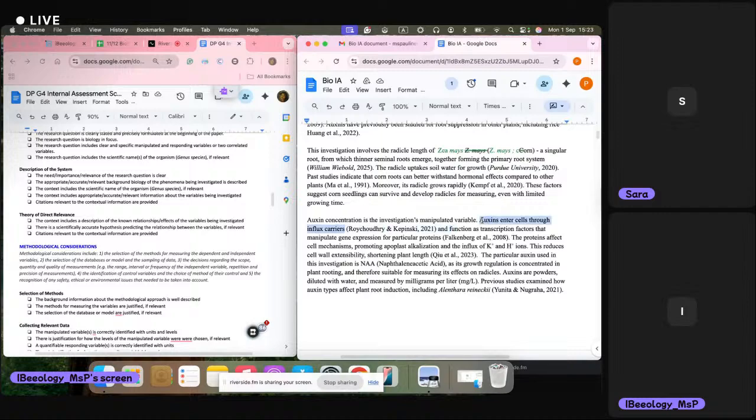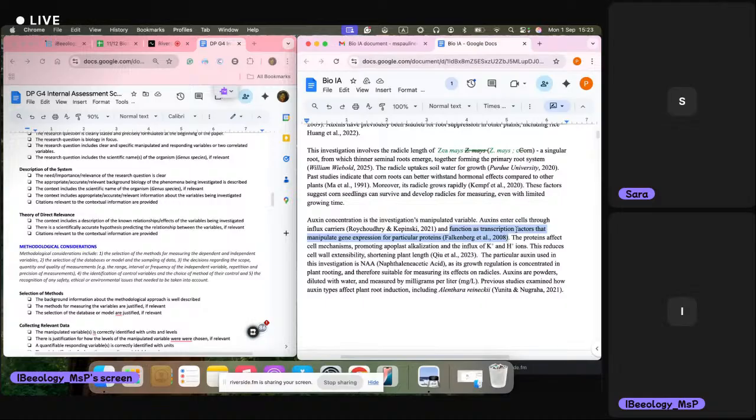This is correct. However, is it relevant? And they function as transcription factors that manipulate gene expression for particular proteins. Again, relevance. Is this relevant to the study? Are we looking for transcription of genes? Are you going to explain that later? No.